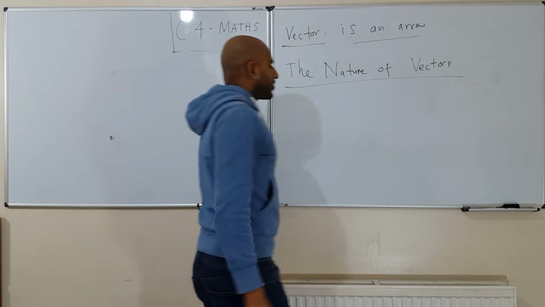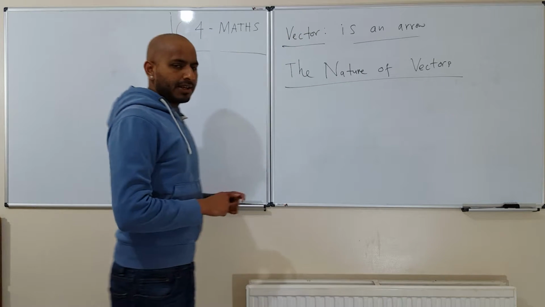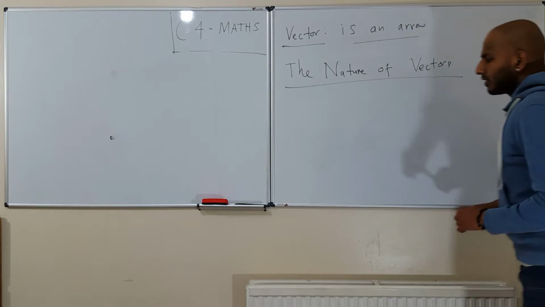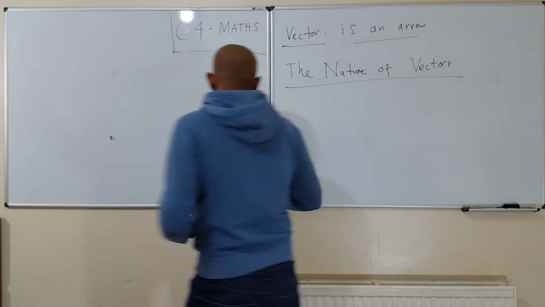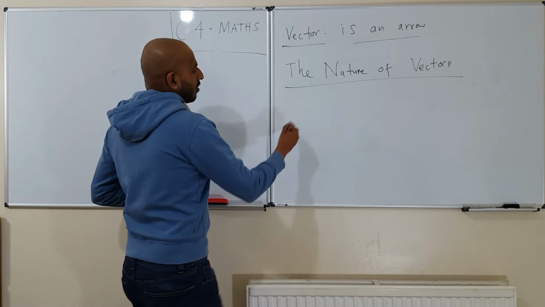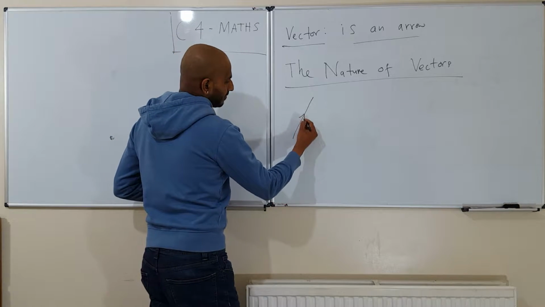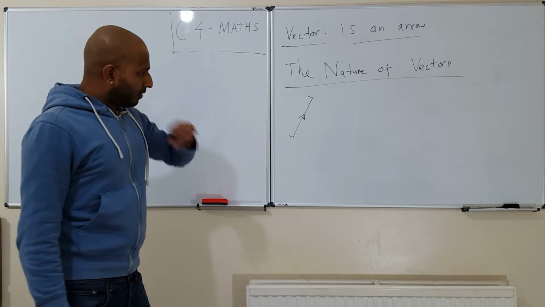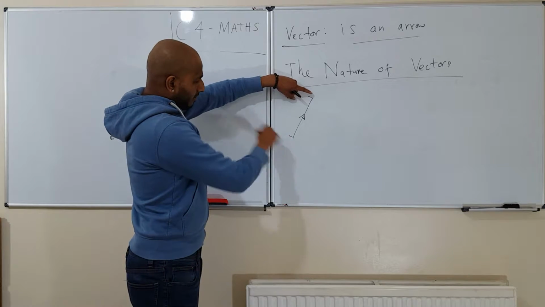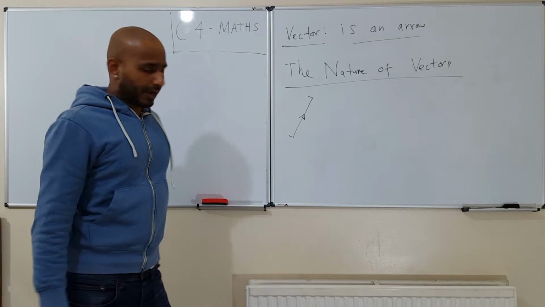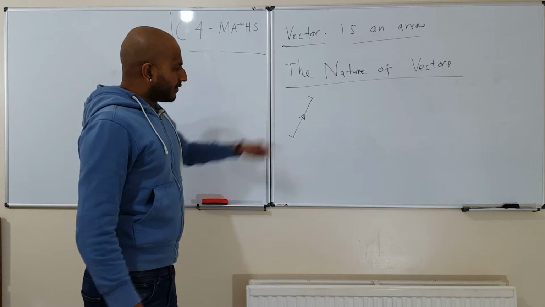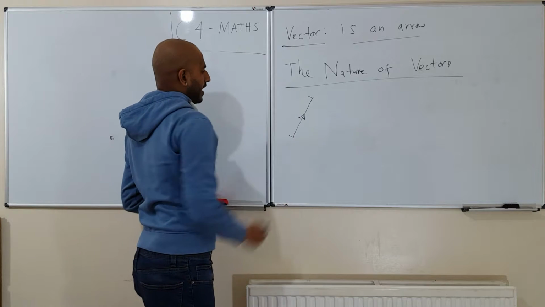That's basically the basic nature of vectors. We are investigating here the very basic nature of vectors. So let's say we have a vector or an arrow like this. Like we mentioned before, the size of the physical quantity is given by the length of the vector, and the direction is given by the direction of the arrowhead.